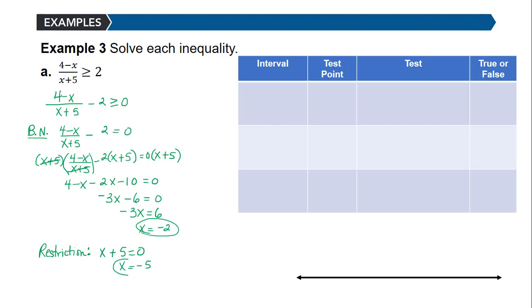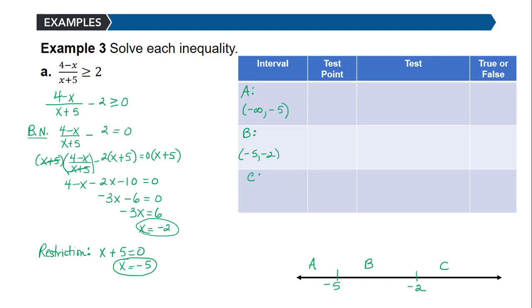So we want to place both of these boundary numbers on our number line. We place negative 5 and then negative 2, and this subdivides the number line into 3 regions, A, B, and C. Our region A is the interval negative infinity to negative 5. In region B, the interval is between negative 5 and negative 2.